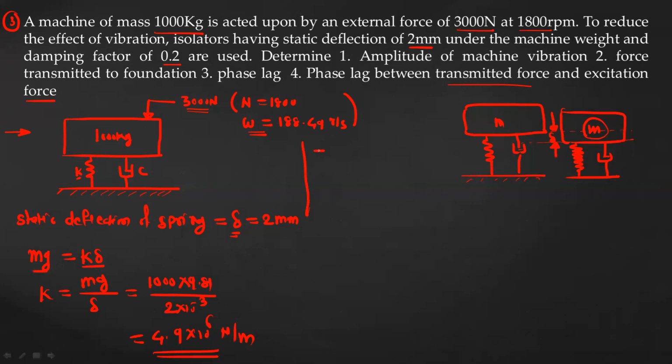Then next, zeta is given, equal to 0.2. Now the question is, find the amplitude of the machine vibration. We can use the equation for a simple forced vibration, because for simple forced vibration, the external force value is directly given and its frequency is given.